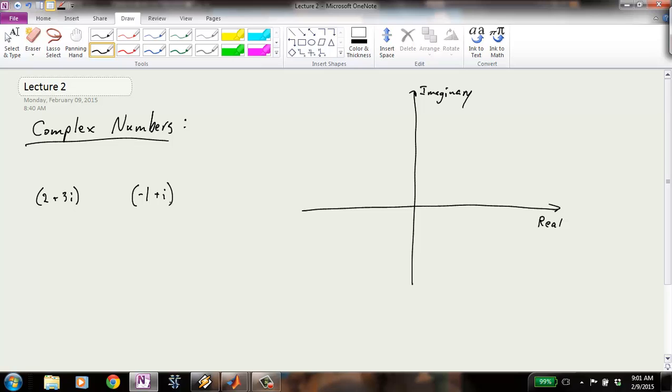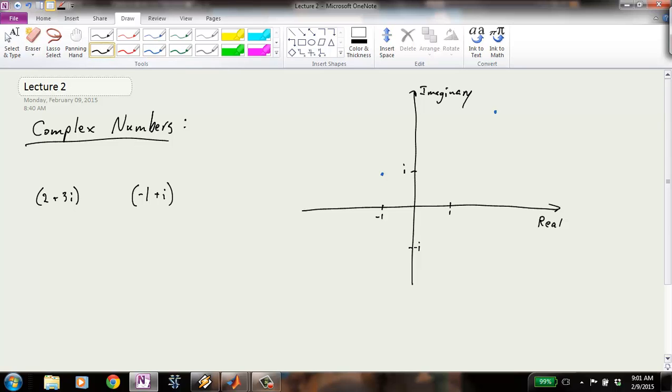Here we have 2 plus 3i. If we label this as 1, and that's i, minus 1, minus i, and negative 1 plus i is going to be this thing right here.